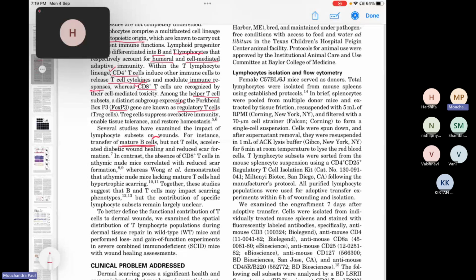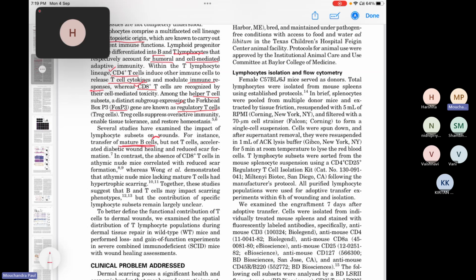The patient has to continuously take some medication or continuously dress that wound for years, and still that wound doesn't heal on its own. That is called a chronic wound. So one study shows that B cells play an important role in accelerating and making this diabetic wound healing process faster.